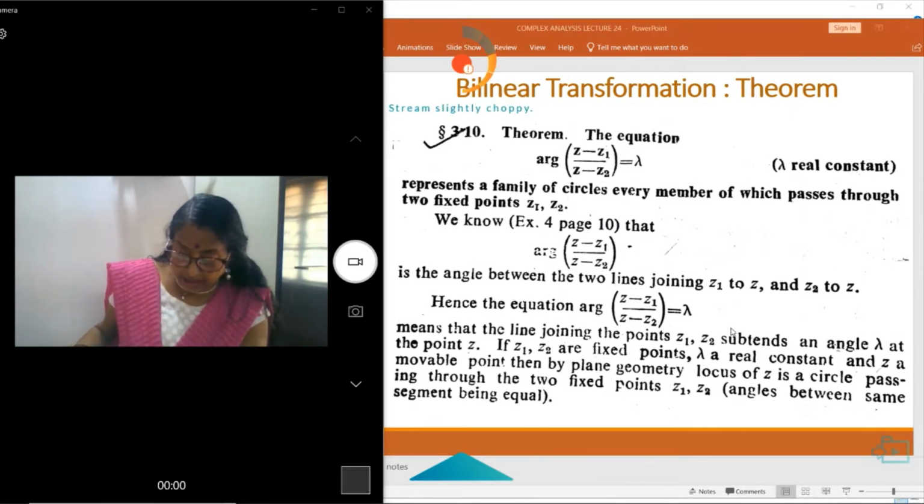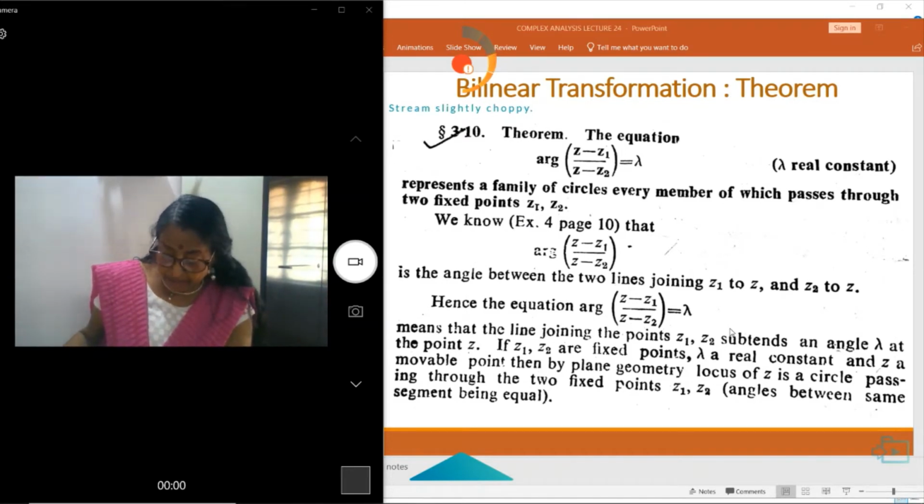We know that arg((z - z1)/(z - z2)), as we did earlier, is the angle between the two straight lines joining z1 to z and z2 to z. Hence the equation arg((z - z1)/(z - z2)) = lambda means that the line joining the points z1, z2 subtends an angle lambda at the point z.